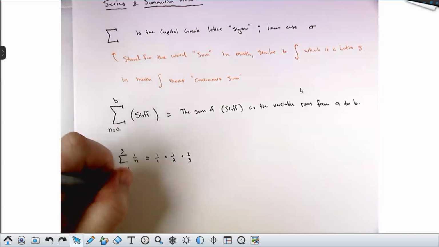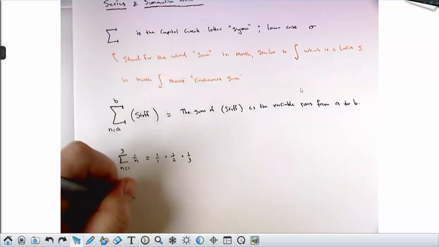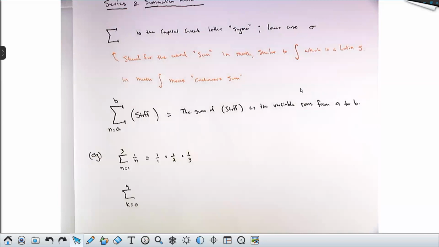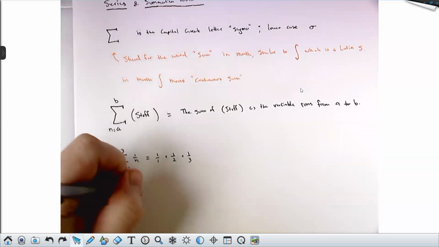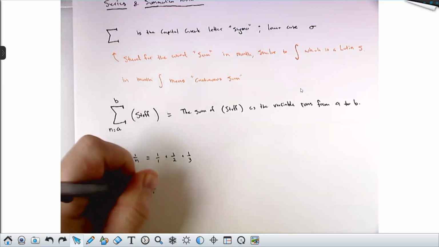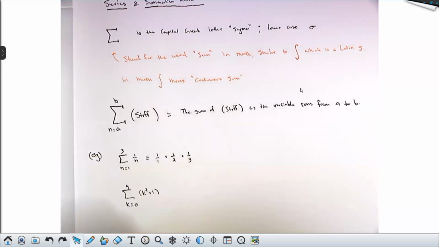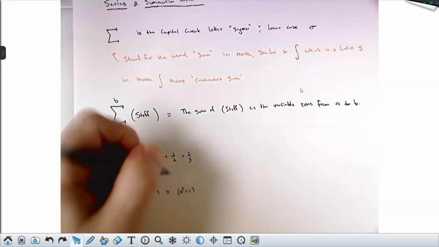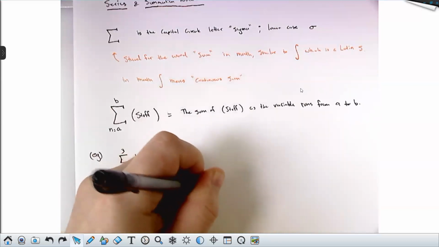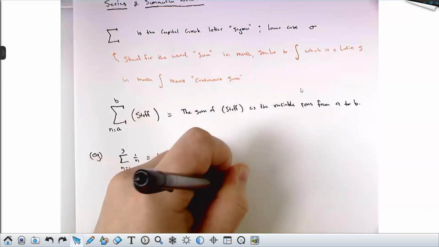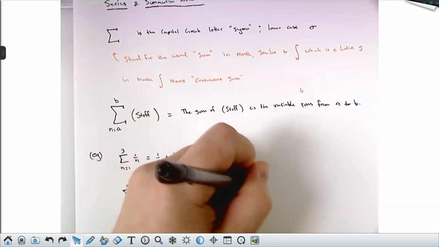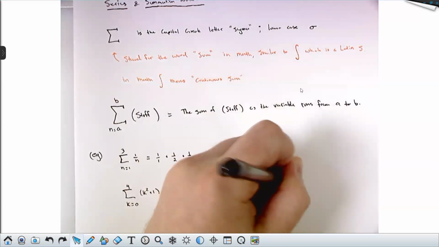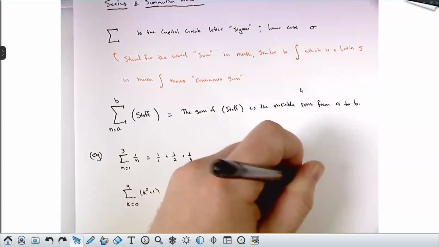You can change the letters around. The sum from k equals 0 to 4 of k squared plus 1 would be 0 squared plus 1 plus 1 squared plus 1 plus 2 squared plus 1 plus, what did I say, 4, right? 3 squared plus 1 plus 4 squared plus 1.